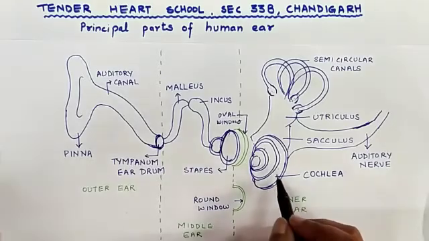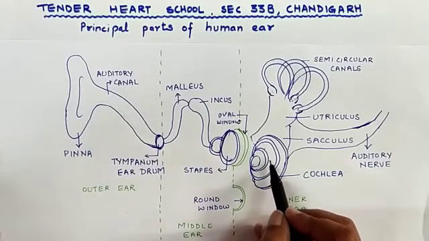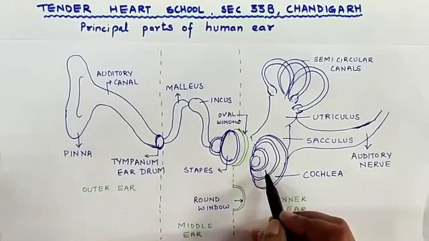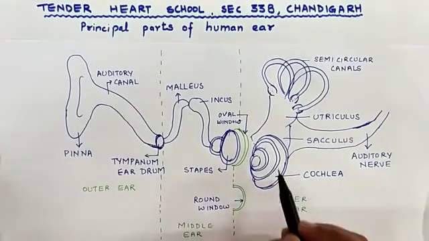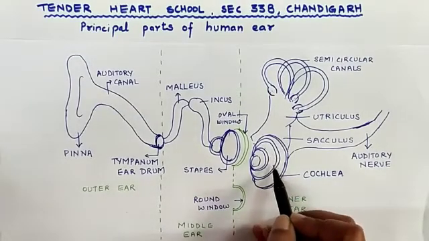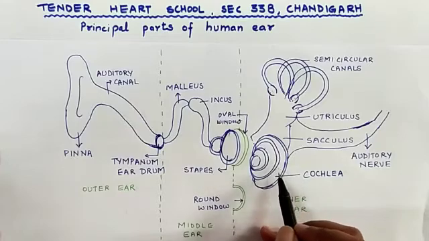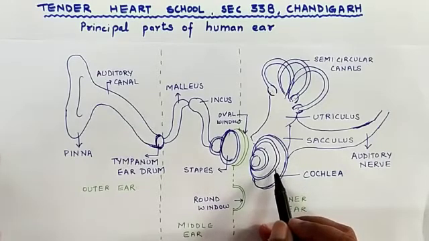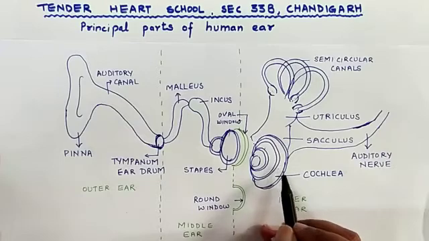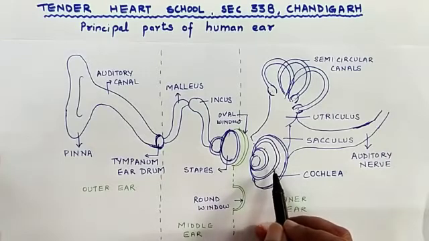Now, the cochlea. Inside the cochlea we have the sensory cells for hearing, that is the organ of Corti. Surrounding the organ of Corti in the cochlea, we have a fluid called endolymph, and similarly perilymph is also present in the cochlea. These two fluids, endolymph and perilymph, are set into vibrations.